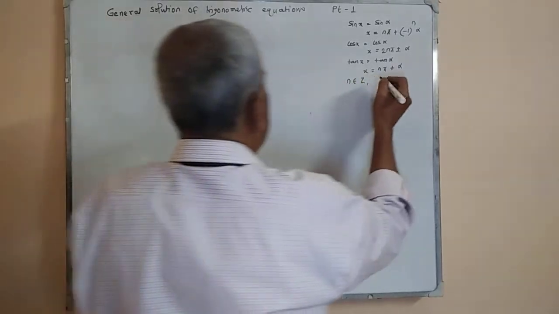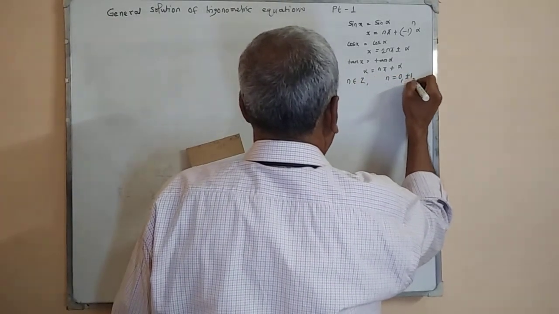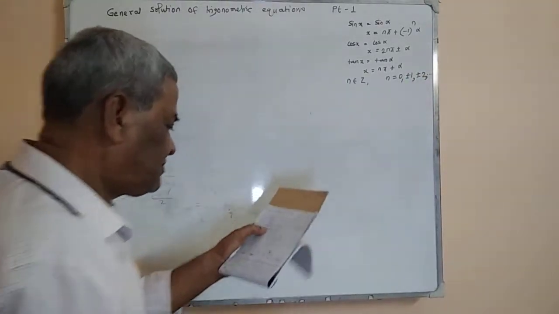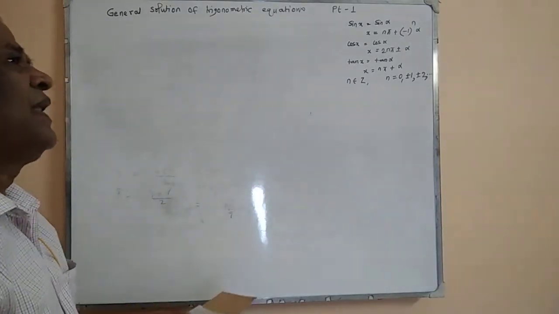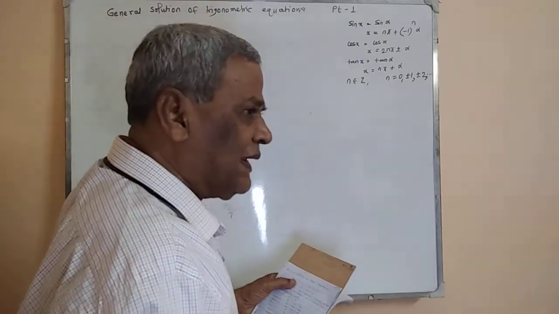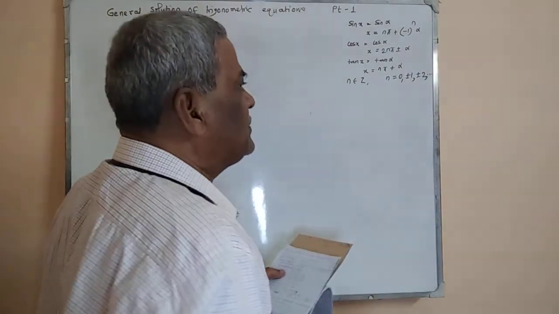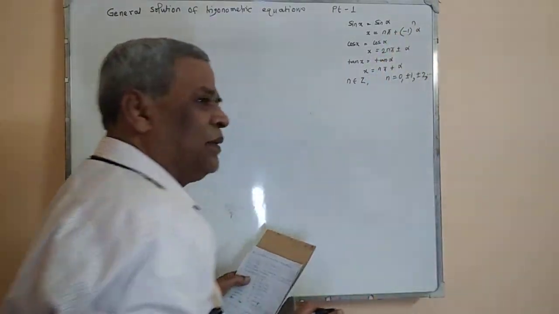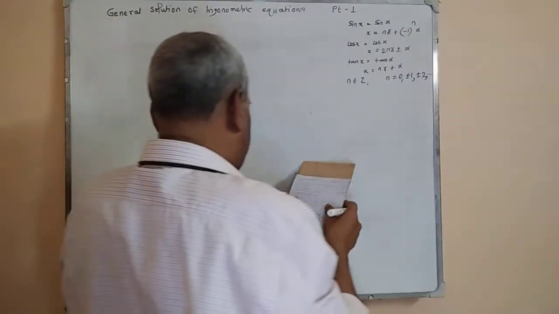That is, n is equal to 0, plus minus 1, plus minus 2 and so on. These are the general formulas. Besides that, for a few particular cases, there are solutions which can be derived very easily from there, but it may take time. That's why I write a few of them here.